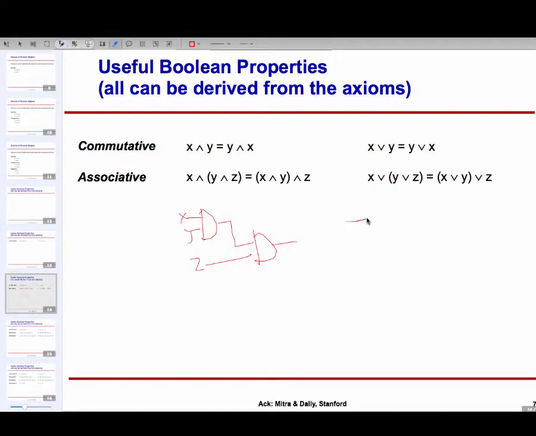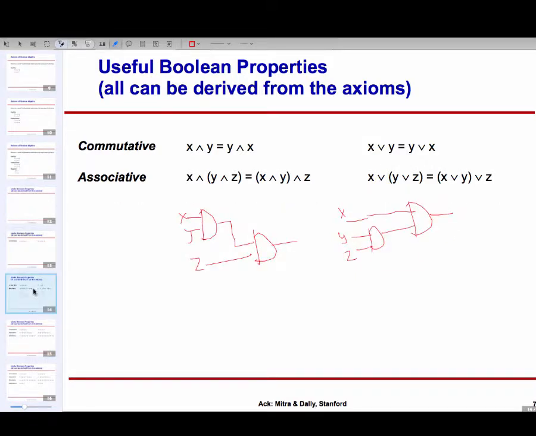Then I could also write it as this. The two do the same thing. Okay, just a gate view of the things out here. So that's associativity.